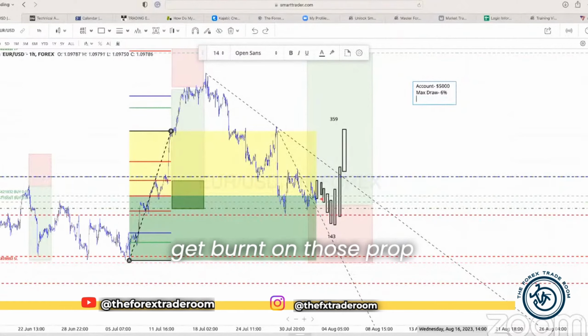And this is where people get burnt on those prop firms. So if I have a $5,000 account, they say your max drawdown is 6%. That's $300. You cannot lose $300. Okay, I'm gonna work my risk off of that drawdown.